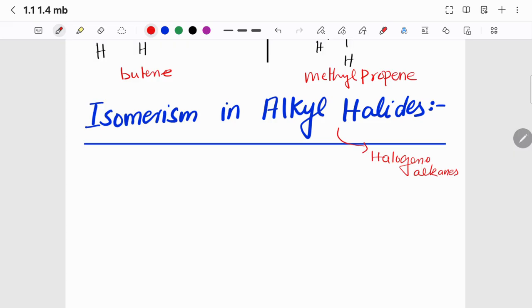These are the alkanes, but halogens are being attached with them, just as we have done in the last lecture for the substitution reaction of the alkanes.